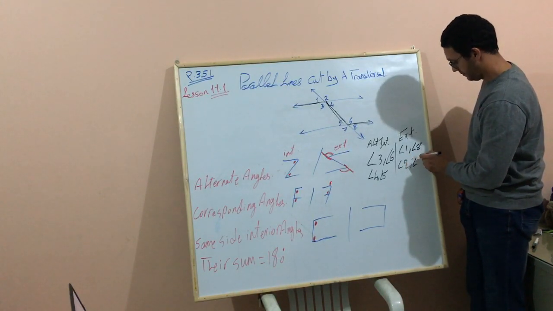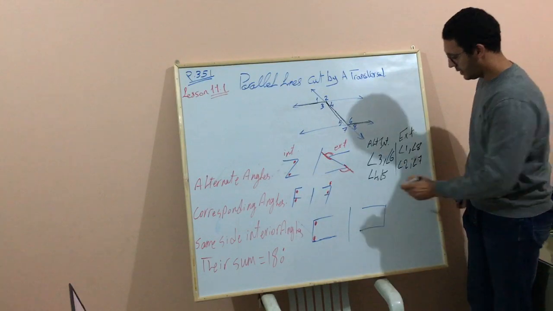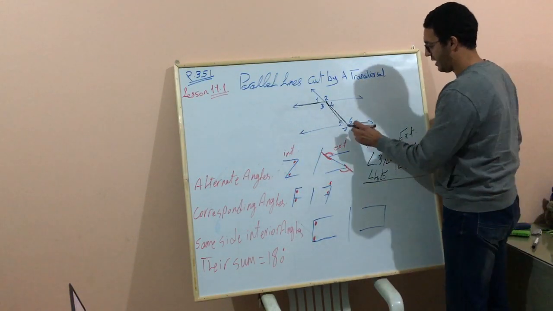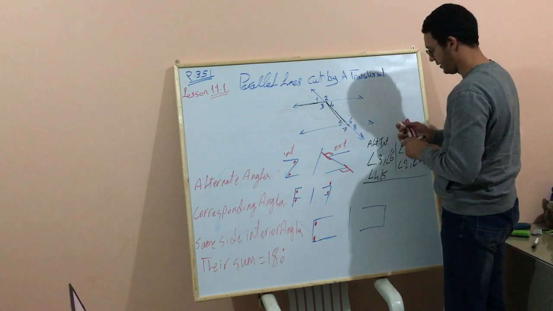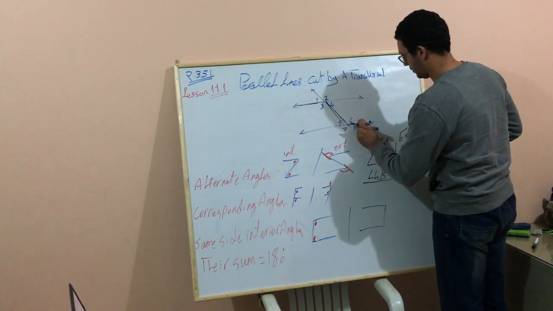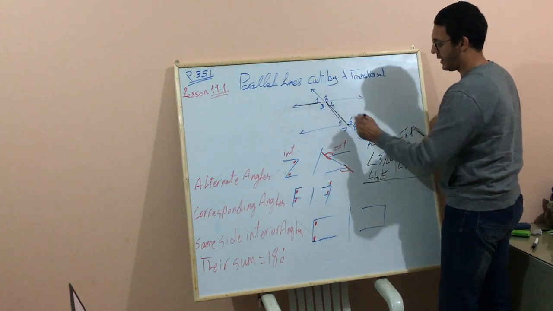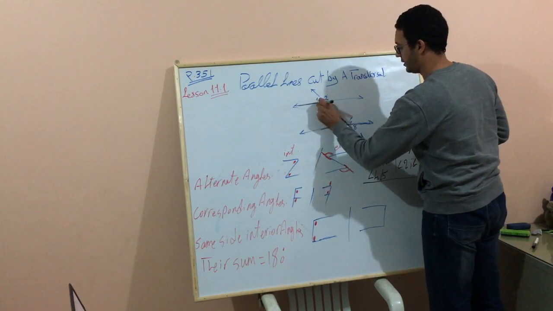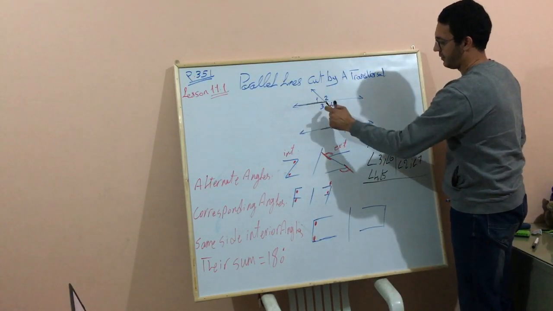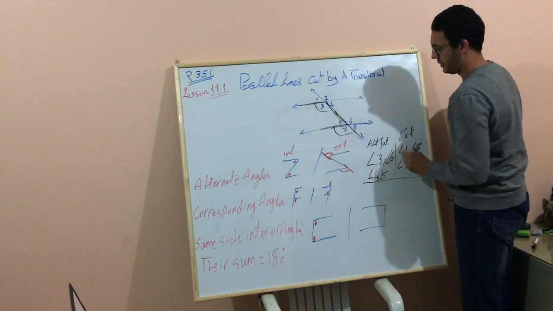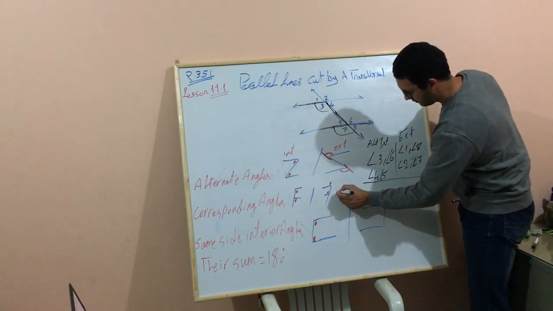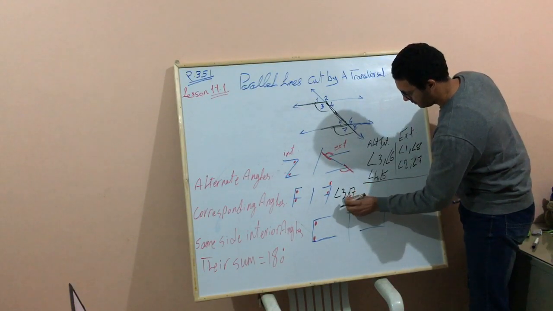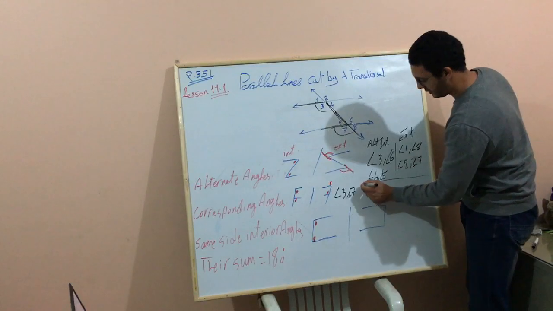If we're looking for corresponding angles, we're looking for the letter F. In the letter F, I can look for this part, and the other one down here. So angles 3 and 7, these two are corresponding angles.